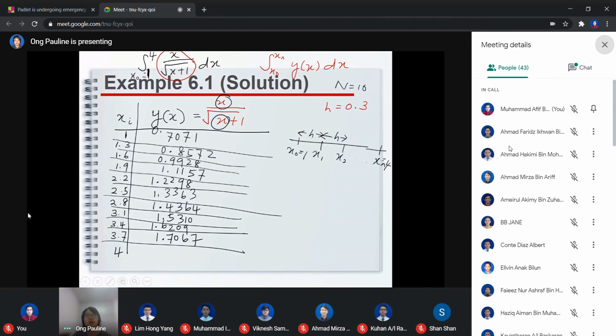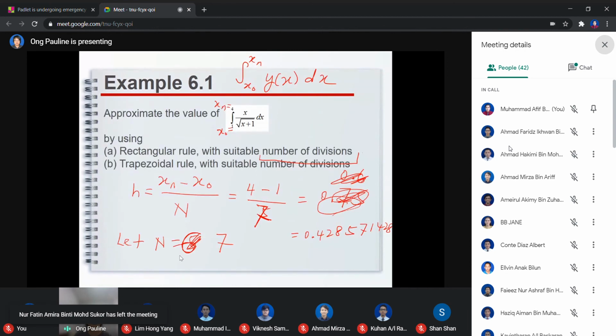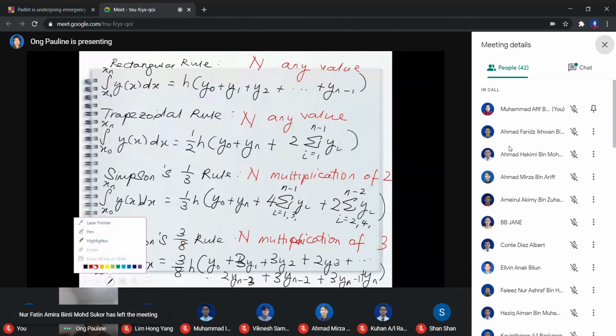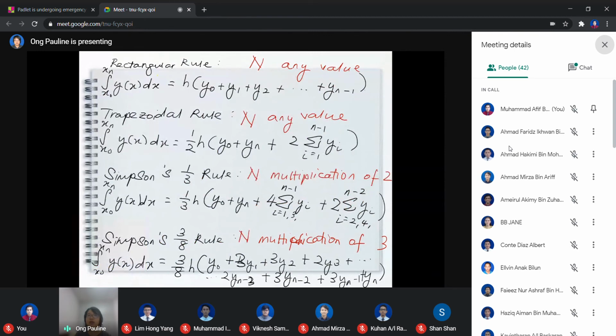If you observe here, I do not calculate the value for the ending point, xn equals 4. Because if I refer to the equation of the rectangular rule, I only need the value of y for x0, x1, x2 until the second last point, n minus 1.